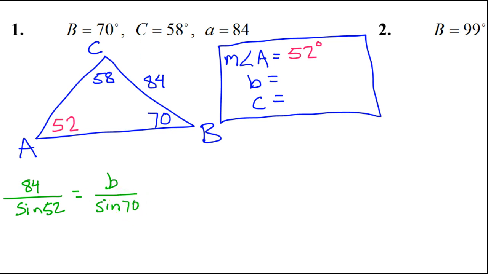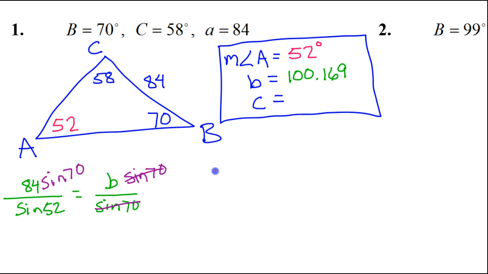To solve this, I need to multiply both sides by sine 70, so that these will cancel out and I get B by itself. So go ahead and put this entire expression in your calculator now. I'm getting 100.169.